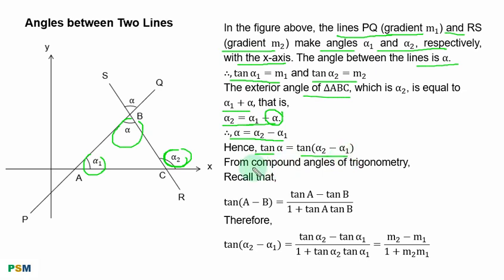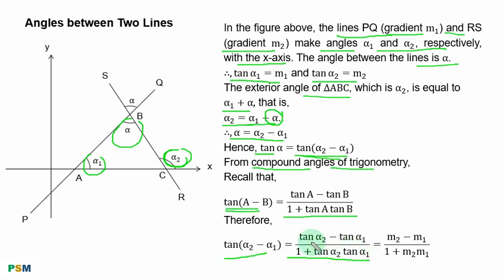From compound angles of trigonometry, recall that the tangent of the difference of two angles is given in this form. If you relate this to this, you simply replace A with alpha 2 and B with alpha 1, and you have this result.